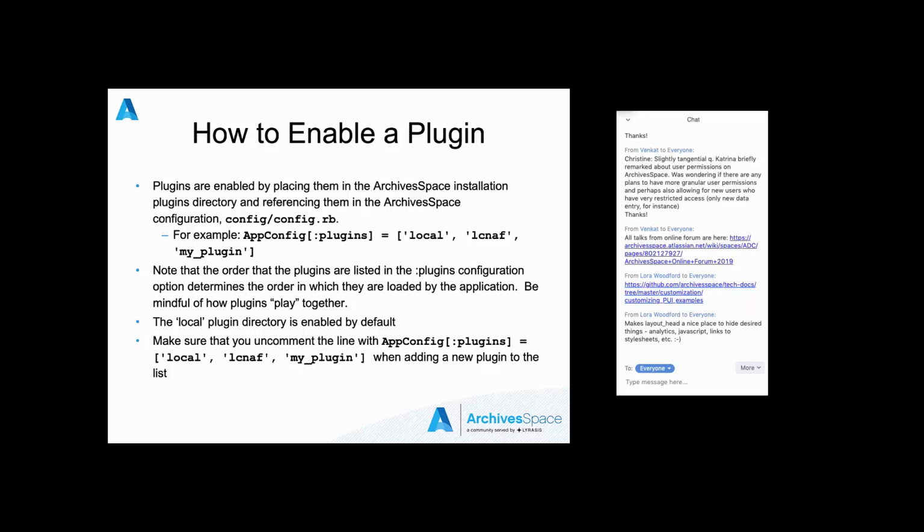So you need to think about what other plugins you have enabled and make sure that there won't be any conflicts between them. Like I said before, the local plugin directory is already enabled. Don't forget you need to uncomment the line when adding the new plugin to the list and restart ArchivesSpace.